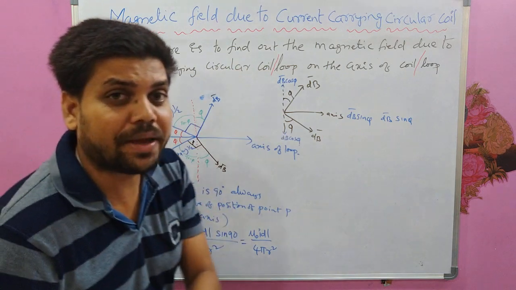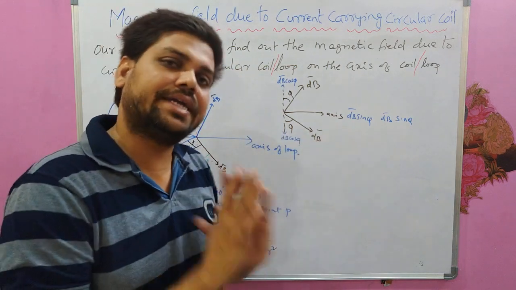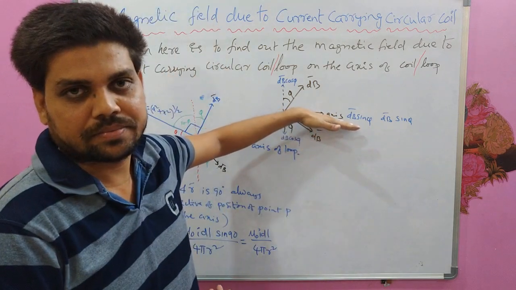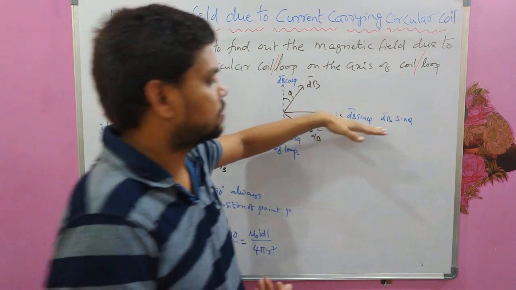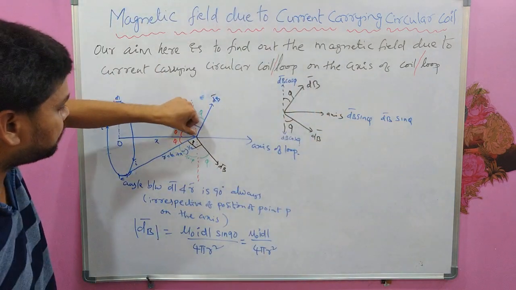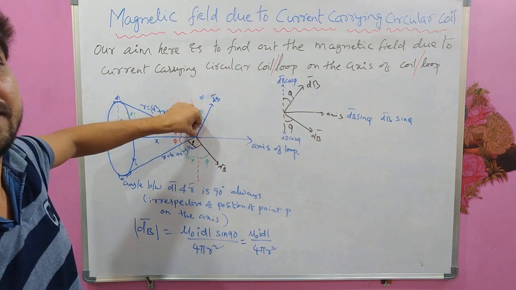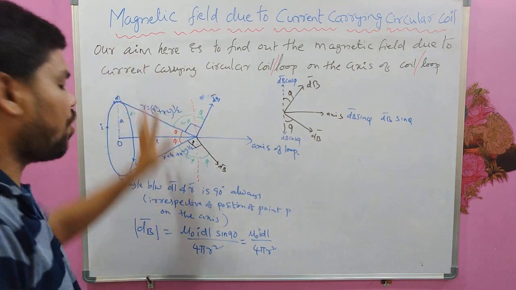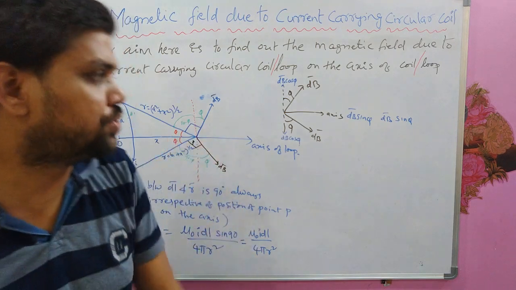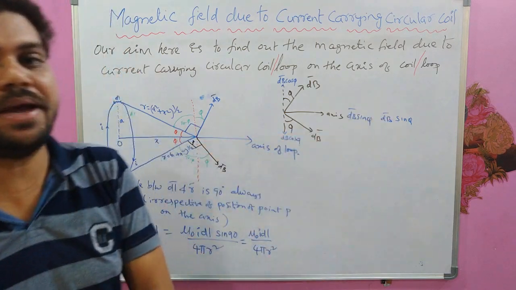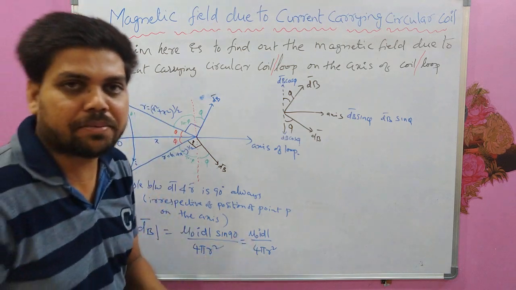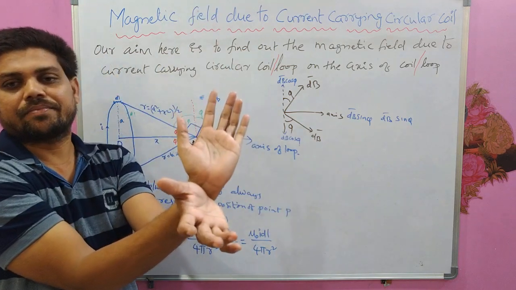And the dB sin phi components will not cancel, they lie on the same line, that is on the axis, which means the magnetic field at point P due to the entire current carrying coil is only due to the contribution from dB sin phi and not from dB cos phi, because they are cancelling each other.